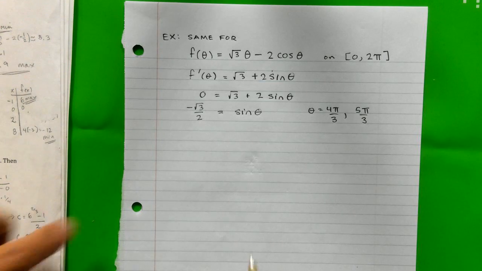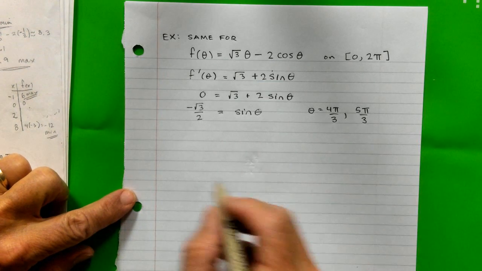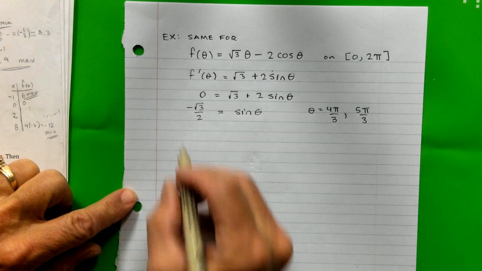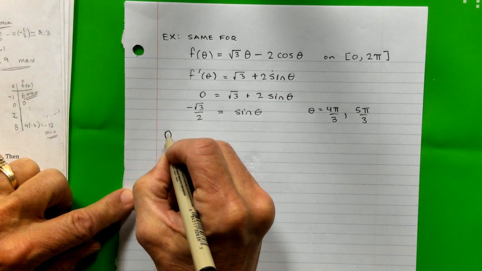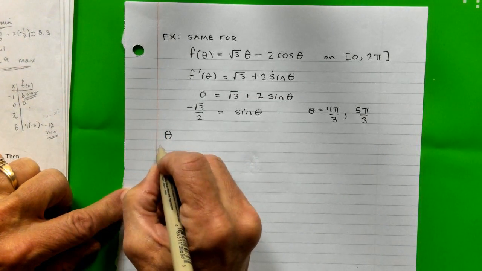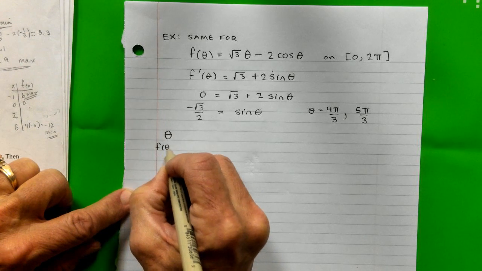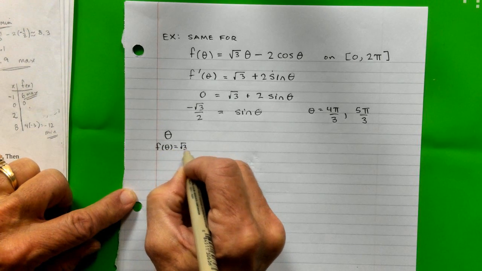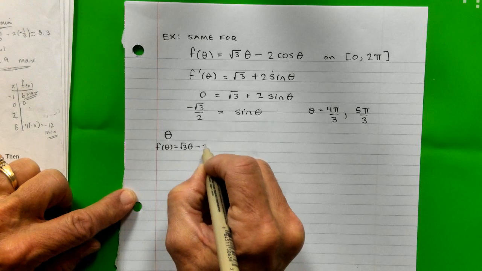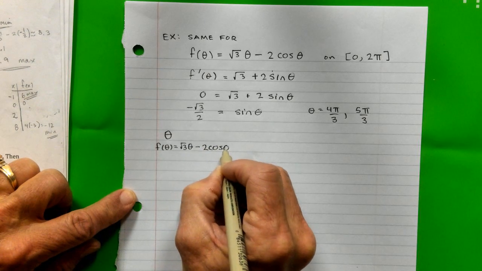Now we've got to evaluate f at each of those points. So I'm going to plug the value of theta in here, and then we put them into the original equation.